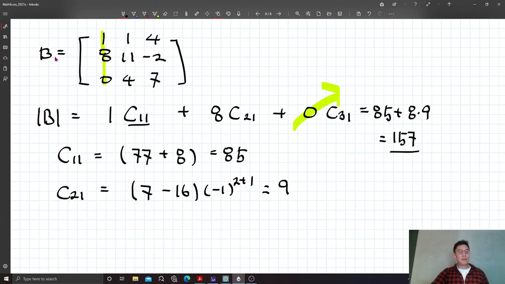So this is called a Laplace expansion by the first column of matrix B.